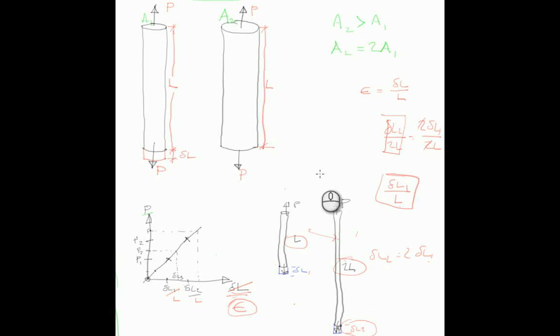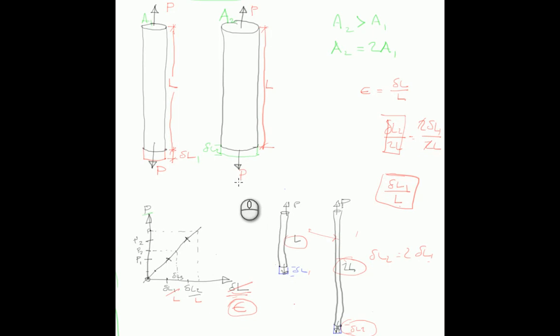If you remember how we dealt with the fact that now we have differing samples, we can reasonably expect that in actual fact this strain, the change in length divided by the original length, is likely to be less than in this situation. So delta L2 is likely to be less than delta L1 because we've got more material to stretch using this same force. Okay?